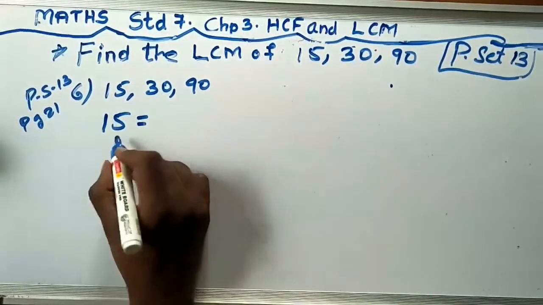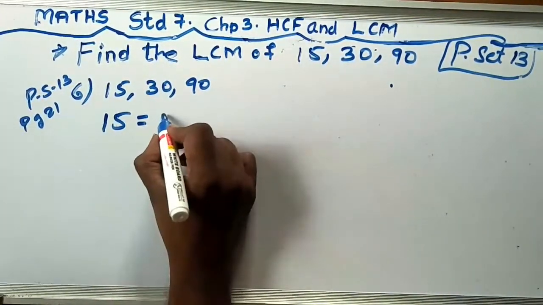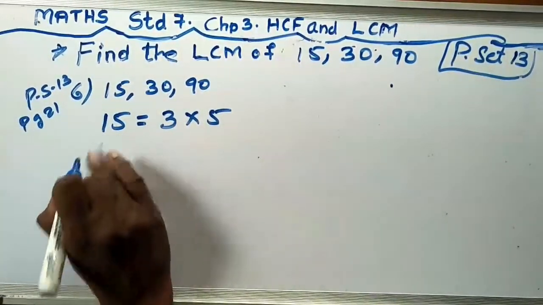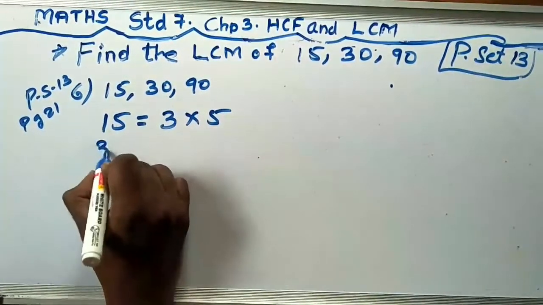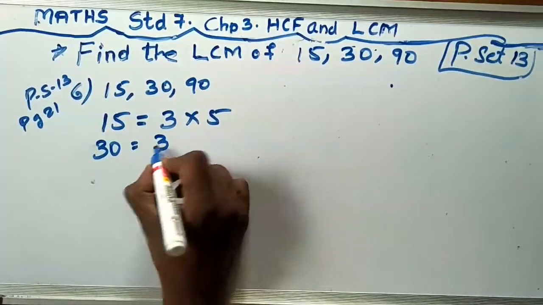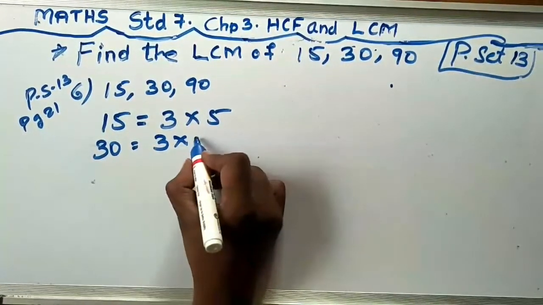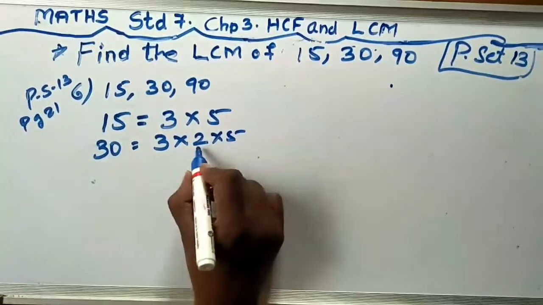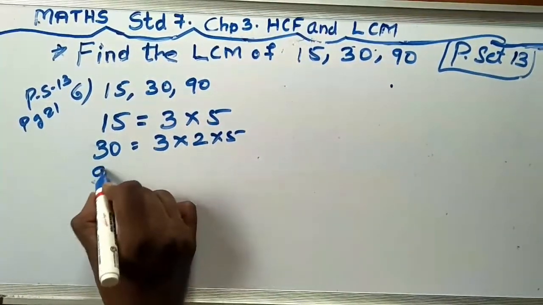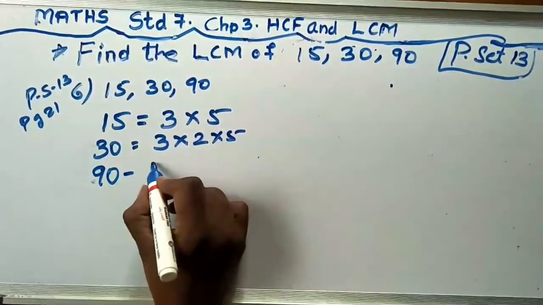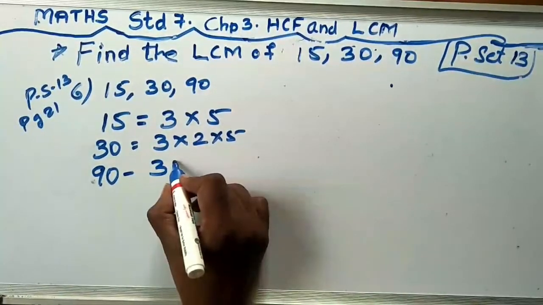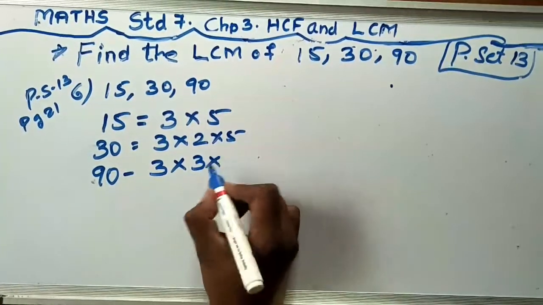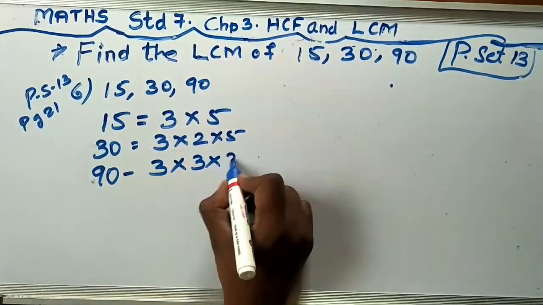15, we can write in this way, 5 3s are 15. Then 30, 3 into 10, so 10 you split it, 5 2s are 10, 10 3s are 30. Then 90, 3 into 30, when you split 30, 3 into 10, then 10 split it, 2 into 5.